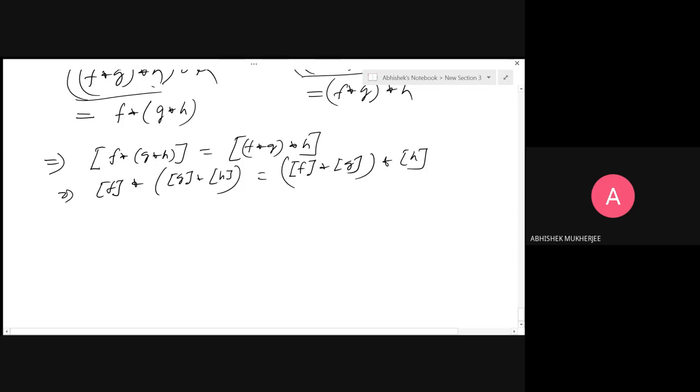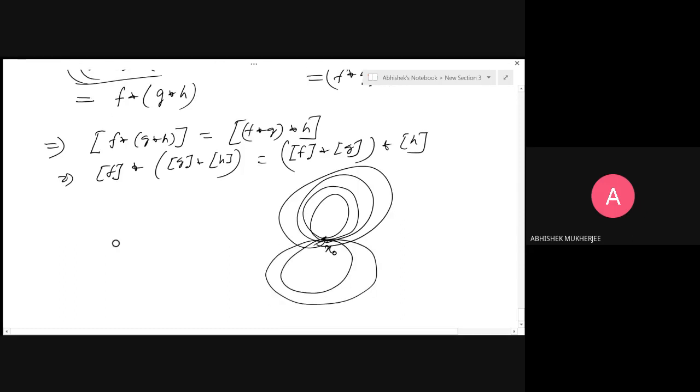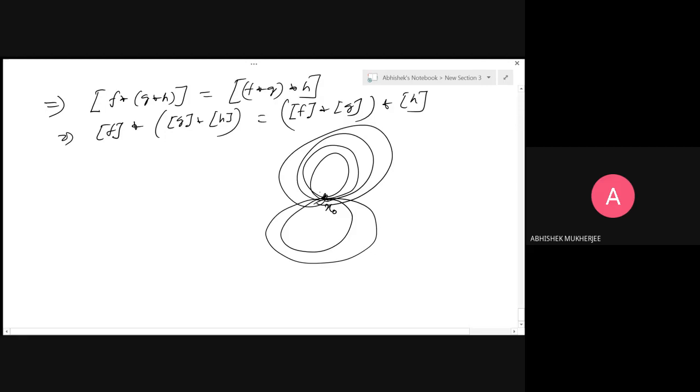And with the help of this, you can prove that the set of all these loops based at a point, that is, if you consider a point x naught and you are considering the loops based at x naught, it will form a group, and this group will be called the fundamental group, the first fundamental group of the space X based at x naught.